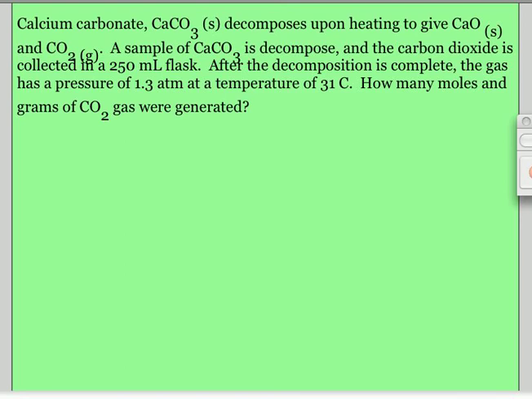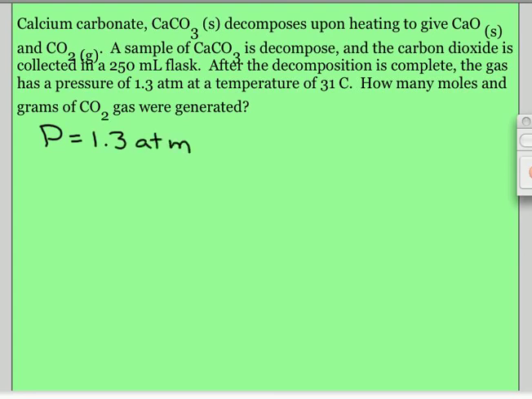Okay, first one, you want to read the problem. We're talking about calcium carbonate decomposing, all that kind of good stuff. We're making a gas, and they tell us we have a pressure, a temperature, and a volume. So we're going to write down what we know. Our pressure is 1.3 atmospheres.